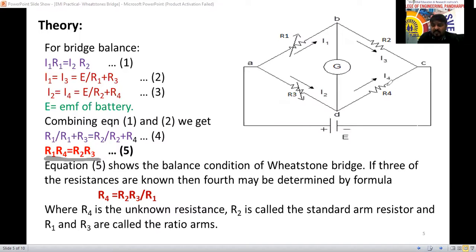From the circuit, which resistance is the unknown resistance? R4. R4 is the unknown resistance. From this equation number 5, can you tell me R4 equal to what?